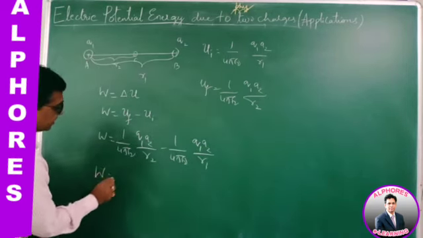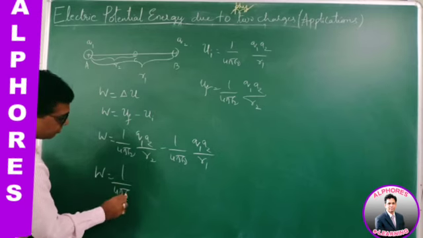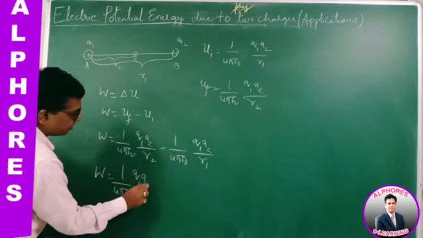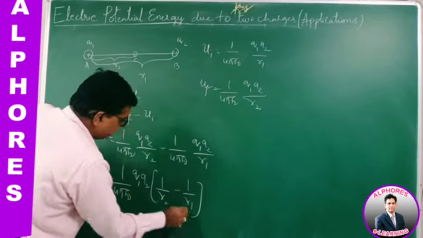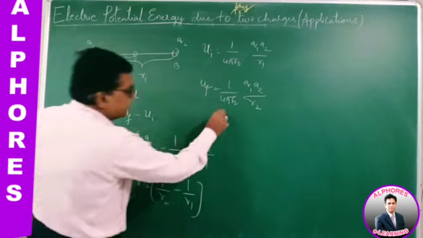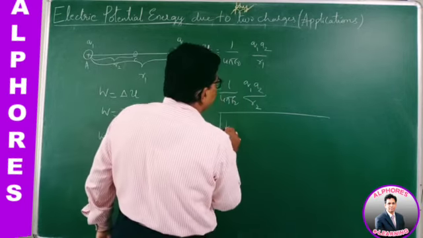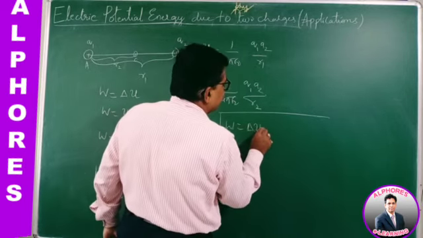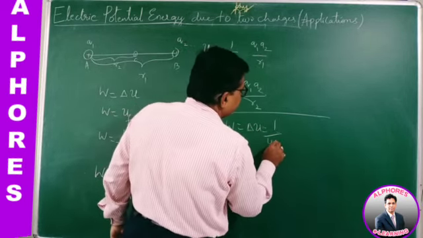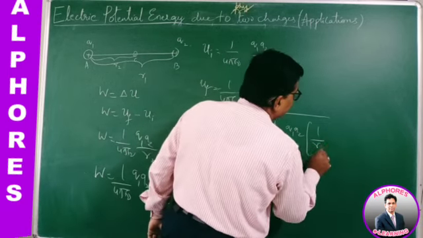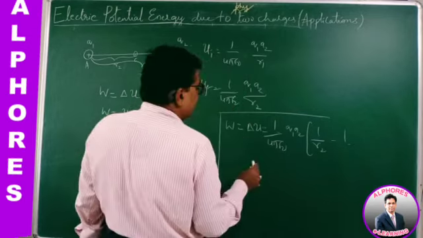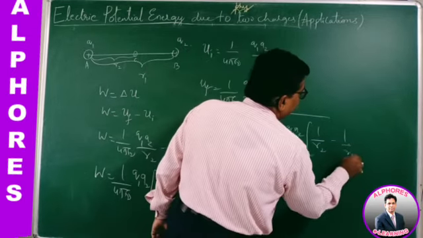So the work done, the change in potential energy, is 1 by 4 pi epsilon naught Q1 Q2 bracket 1 by R2 minus 1 by R1.